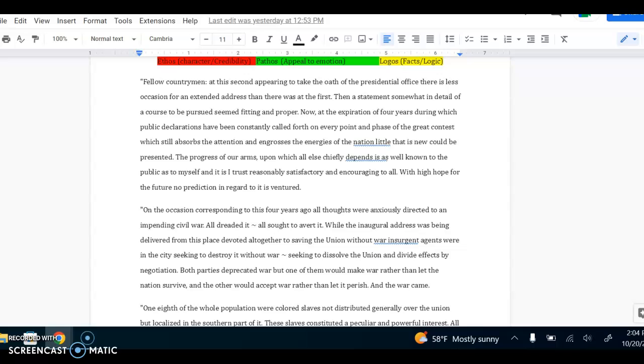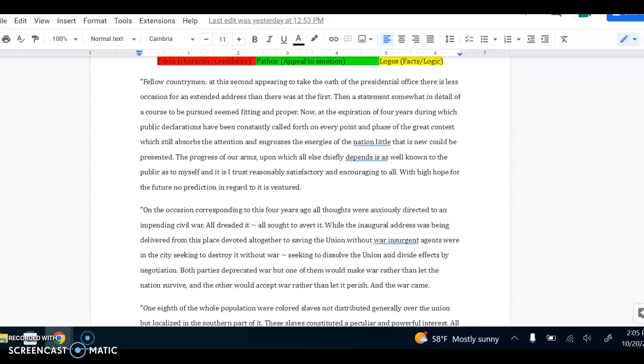Fellow countrymen, at this second appearing to take the oath of the presidential office, there is less occasion for an extended address than there was at the first. Then a statement somewhat in detail of a course to be pursued seemed fitting and proper.